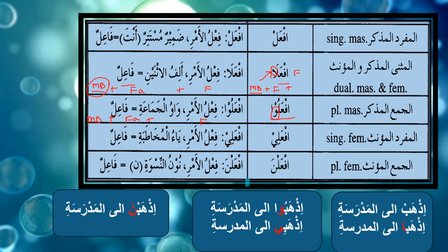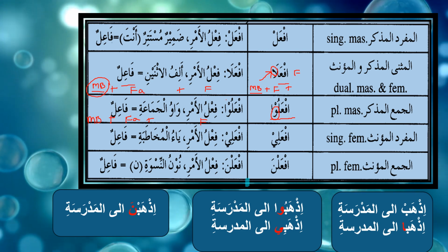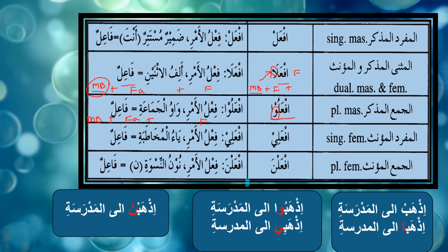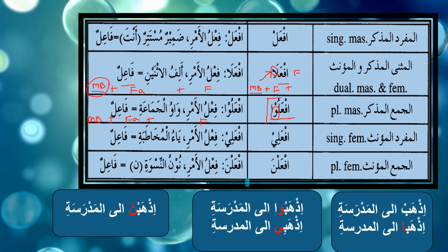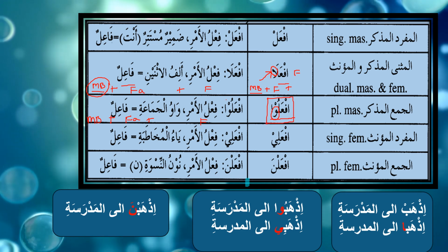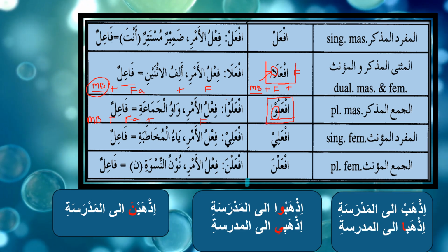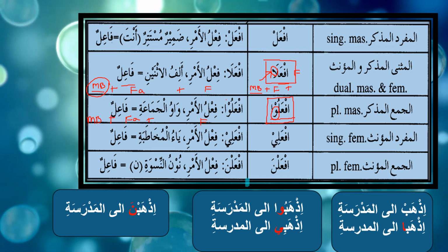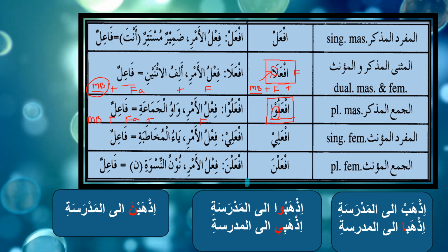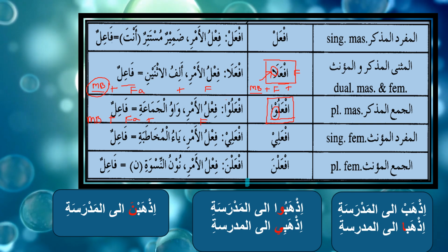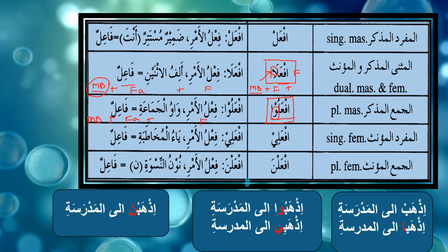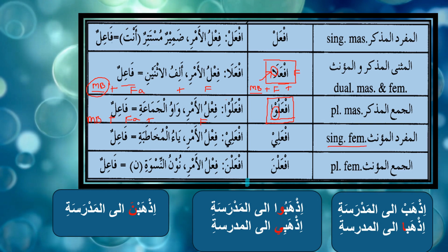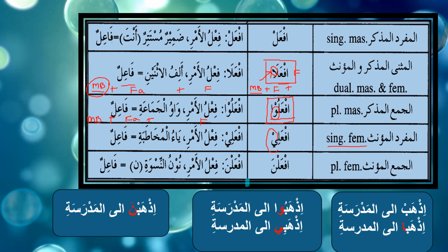So both the fi'l and the fail you will have together in the structure of fi'l and add it with a damir with it. In the case of duals, you have a damir dual of aliful muthanna added with the fi'l. Here for the male plural, waw jama added with the fi'l. In case of feminine singular, the ya mukhatiba comes in after the fi'l.